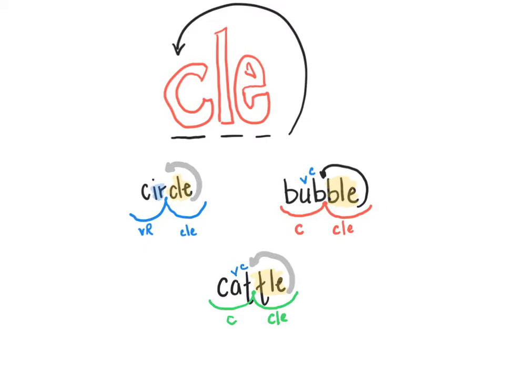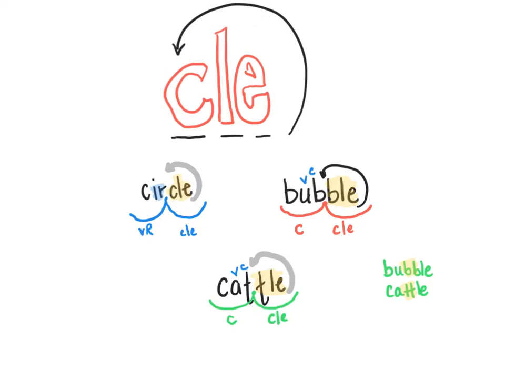Now let's quickly talk about something you'll notice in the word bubble and in the word cattle: the B is doubled in bubble and the T is doubled in cattle.